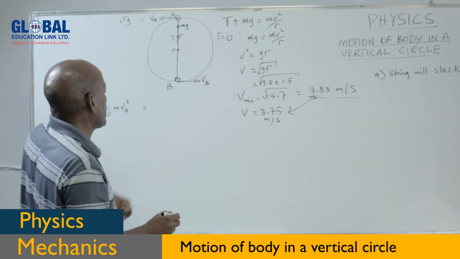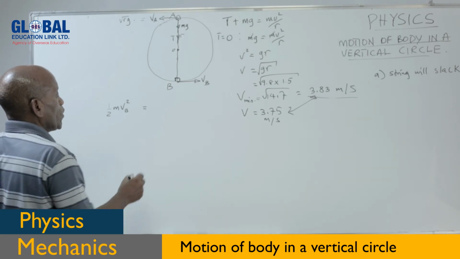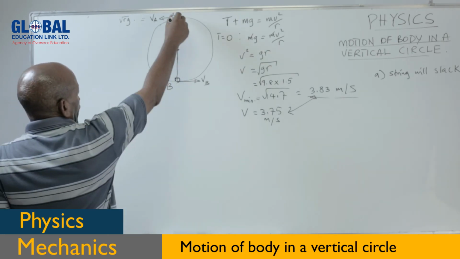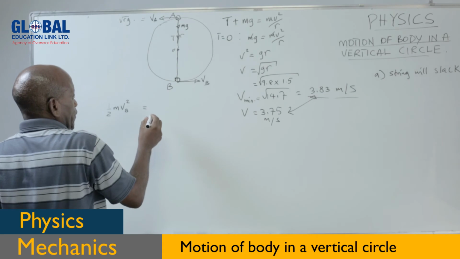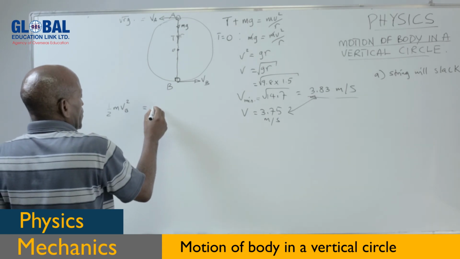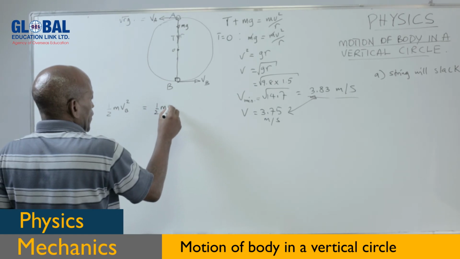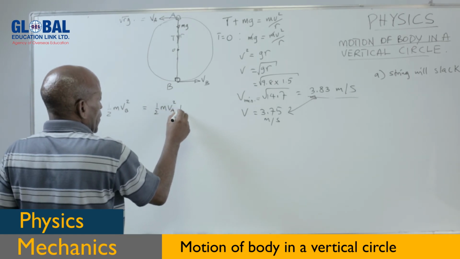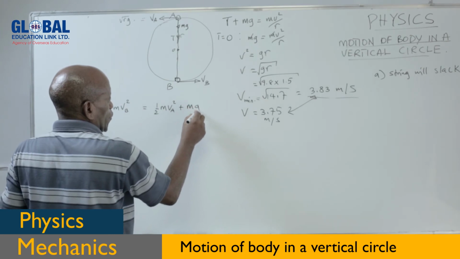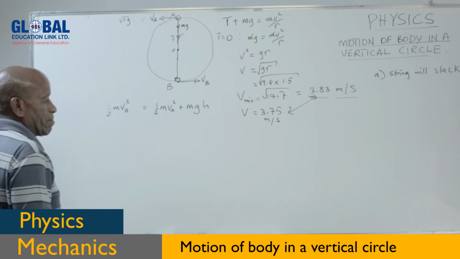The total energy possessed at the top will just be equal to the total kinetic plus potential. The kinetic energy will just be equal to a half times mass times velocity at the top squared plus the potential energy, which is equal to mg times h.